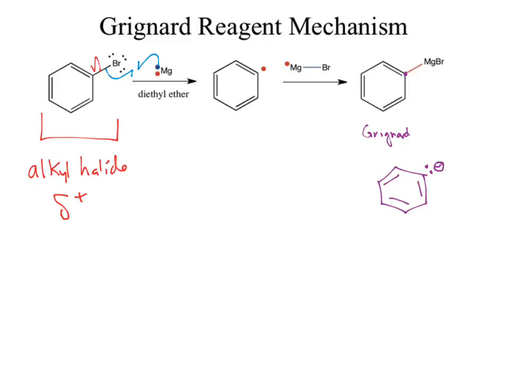What do we know about radicals? Very reactive. What is that radical going to immediately try and do? Find another radical, and we end up with our Grignard reagent, where the magnesium is now inserted between the carbon and the bromine. How do we know this mechanism is valid?